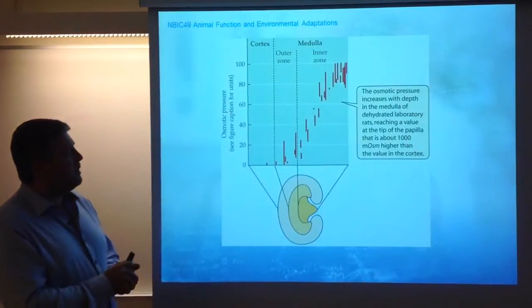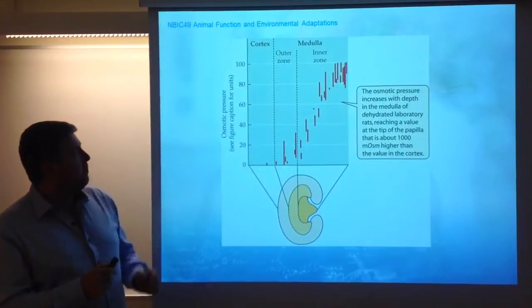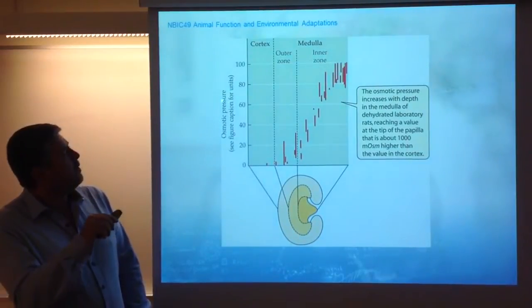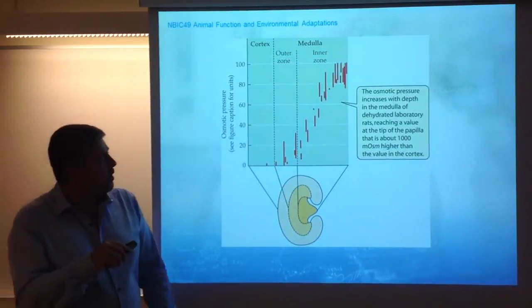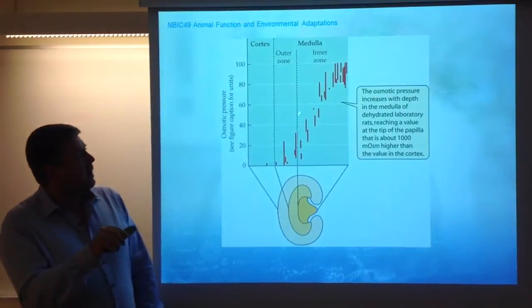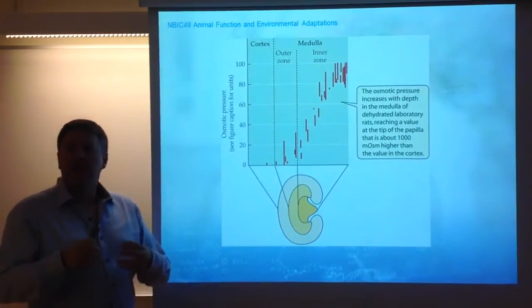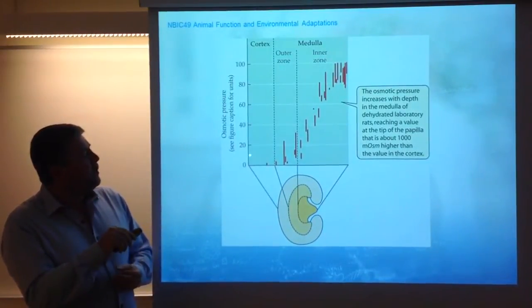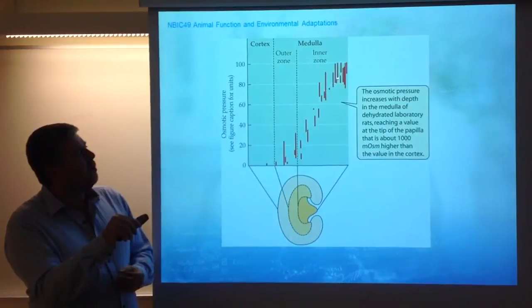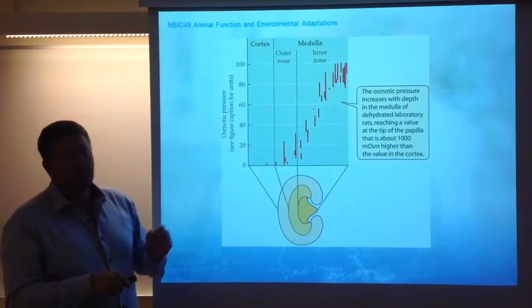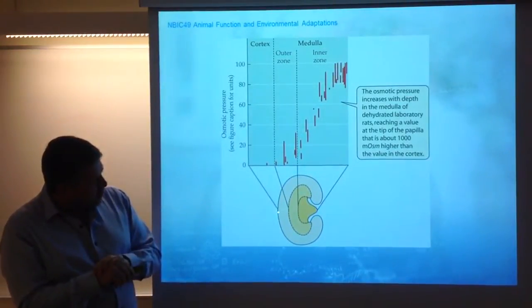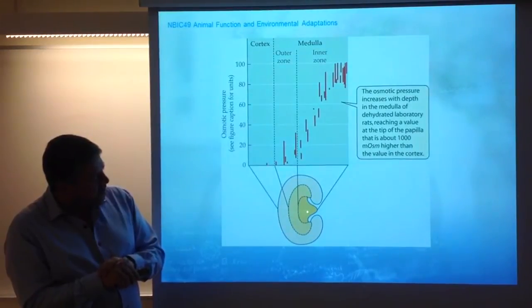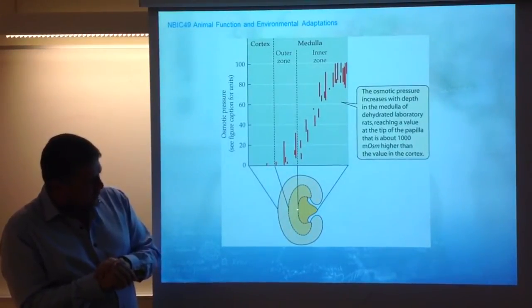When you consider the osmotic pressure from the cortex to the inner part of the medulla, the observation is that the deeper you go into the medulla of the kidney, the higher the osmotic pressure. Near the surface in the cortex the osmotic pressure is small, and then this keeps getting larger and larger as you go deep down.